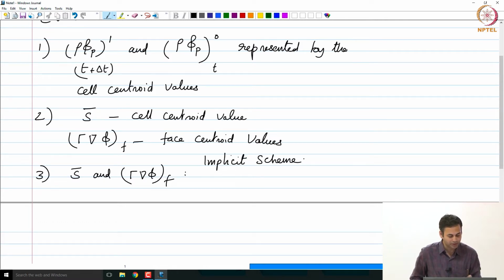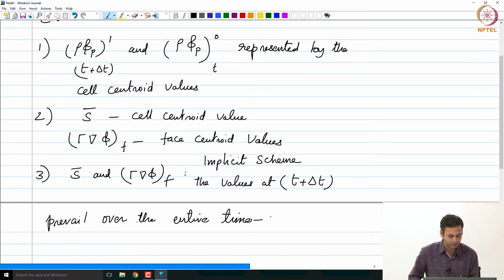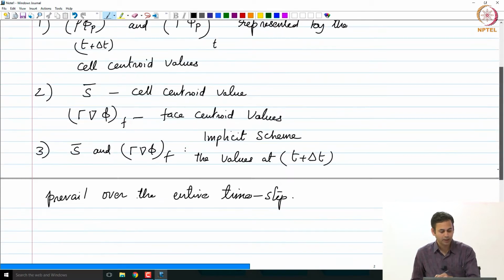this is a fully implicit scheme, then the values at t plus delta t prevail over the entire time step, right. That is what we have said. Anything else?